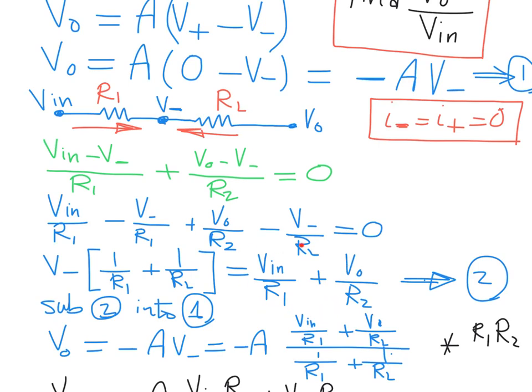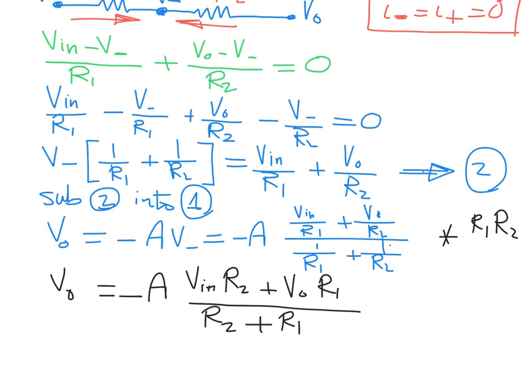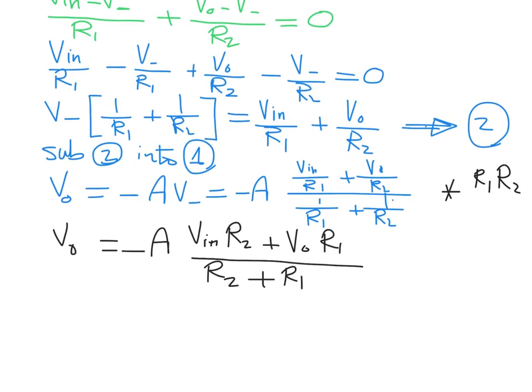And then, by substitution of the second equation in the first equation, VO equals minus A times V minus. We'll go through this equation. So right now it will be minus A multiplied by Vn over R1 plus VO over R2, divided by 1 over R1 plus 1 over R2.